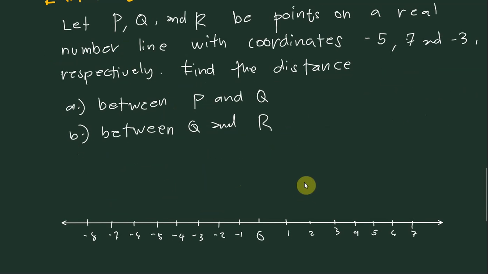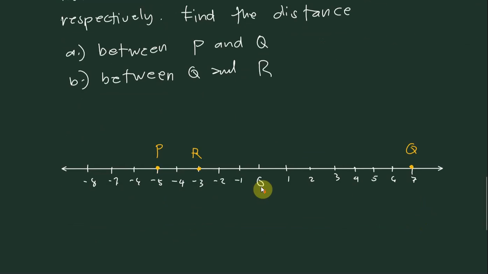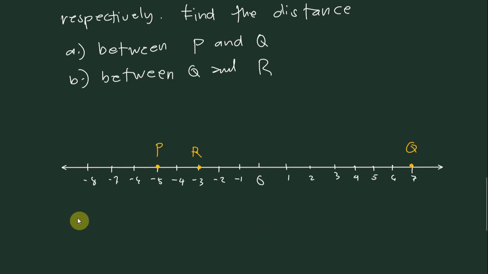P is negative 5, Q is 7, and then R is negative 3.